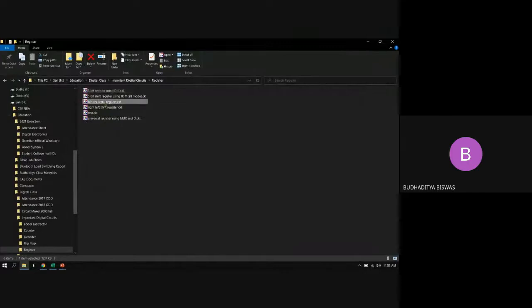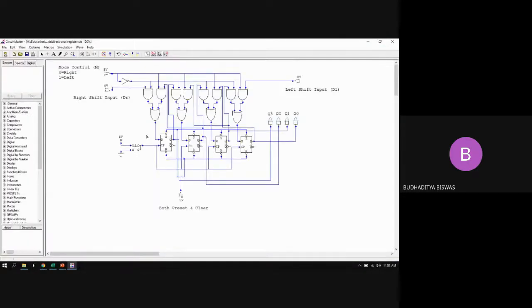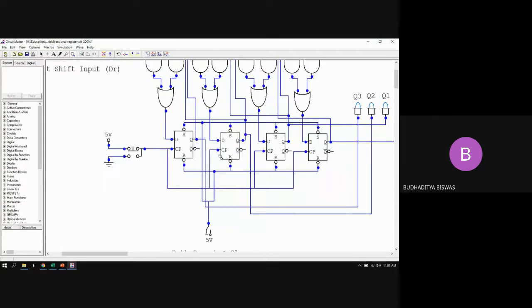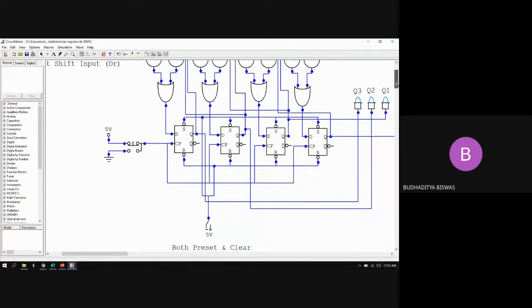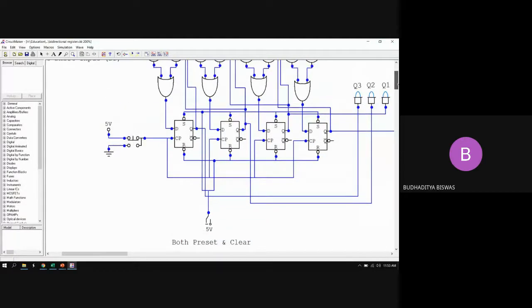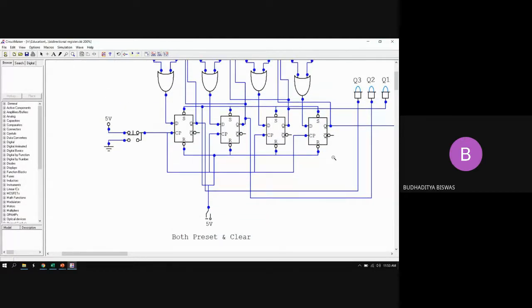Let's understand the circuit in this one. So this is actually the bidirectional register. First we need to understand how the circuit is drawn. Here we take the D flip-flop. All the clock pulses are short circuited together and connected to a manual clock pulse. All the preset and clear, because in this particular circuit we don't need the help of preset and clear, are short circuited together.